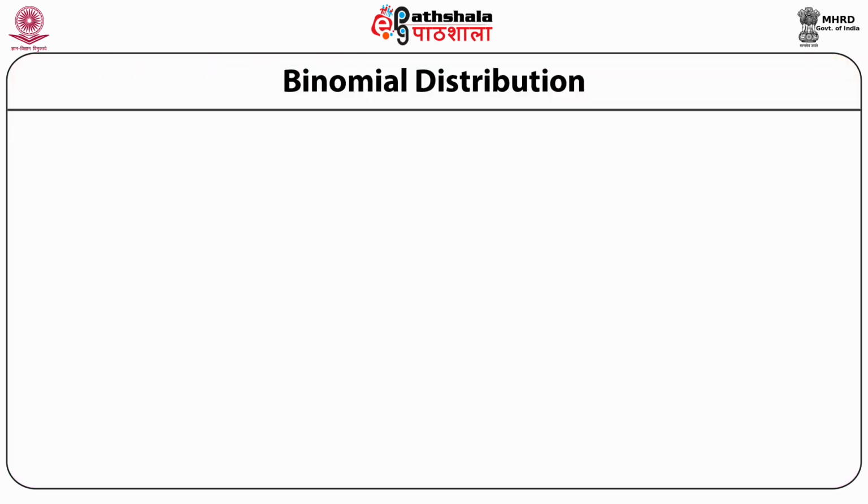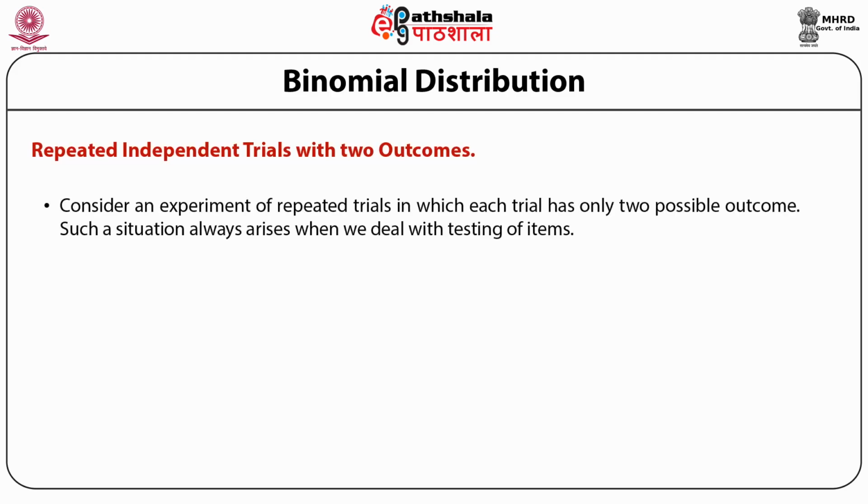Binomial distribution, if we see how it occurs: repeated independent trials with 2 outcomes. Consider an experiment of repeated trials in which each trial has only 2 possible outcomes. Such a situation always arises when we deal with testing of items.